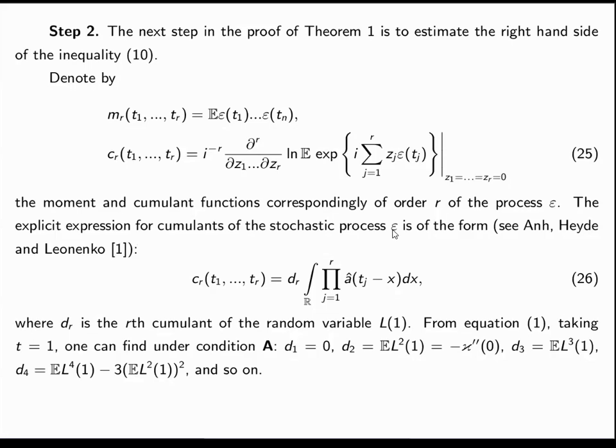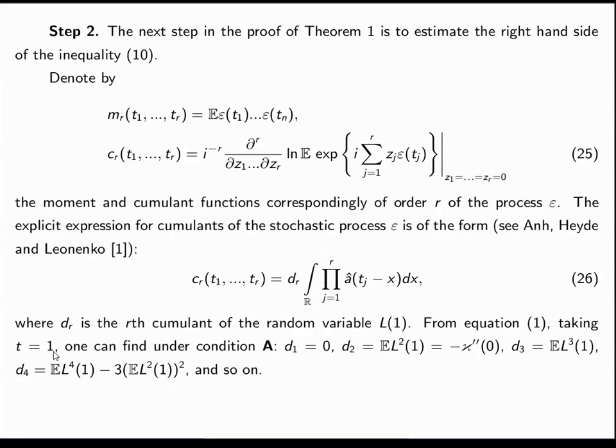The explicit expression for cumulants of the stochastic process epsilon is of the form 26. See, for example, the paper of Heyde and Leonenko, where dr is the rth cumulant of the random variable L of 1.